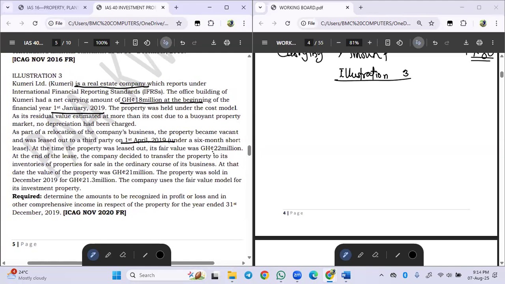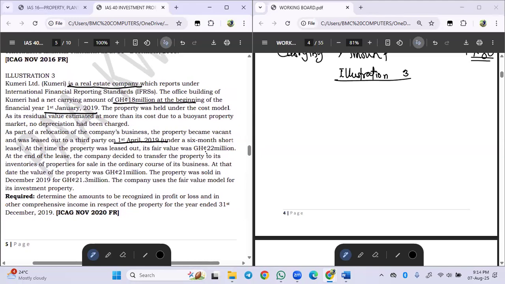The property was sold in December 2019 for 21.3 million cedis. The company uses the fair value model for its investment property. Required: determine the amount to be recognized in profit or loss and in other comprehensive income in respect of the property for the year ended 31st December 2019.